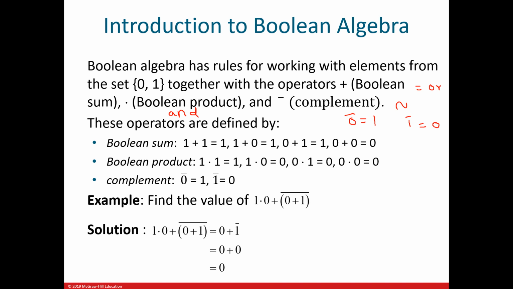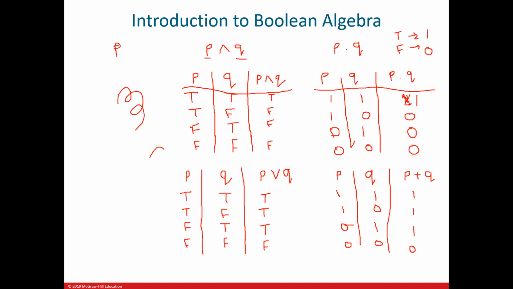So Boolean sum is something similar to the OR that we just saw. If you do 1 plus 1, you get 1. If you do 1 plus 0, you get 1. If you do 0 plus 1, you get 1. And only if both P and Q values are 0, you get the sum as 0, as shown in this particular truth table.